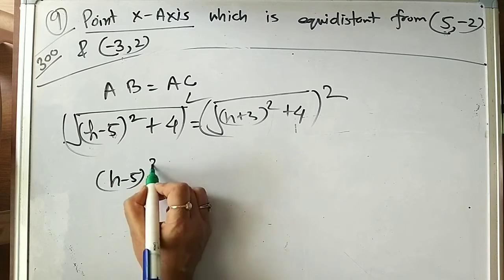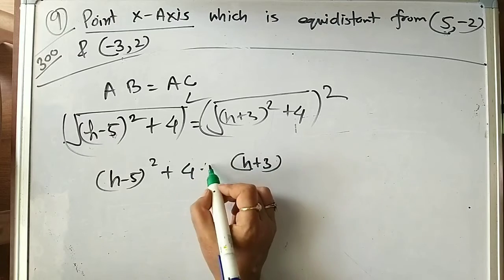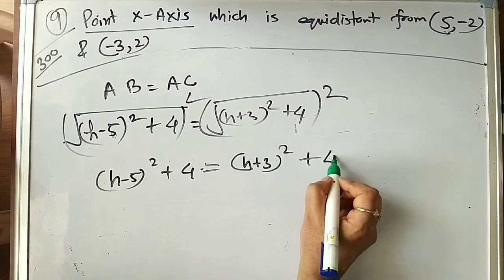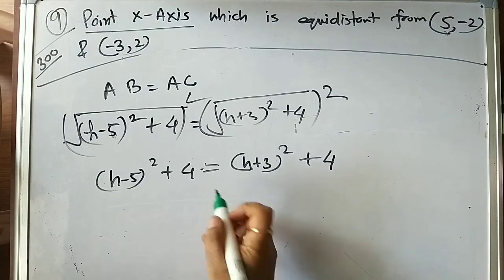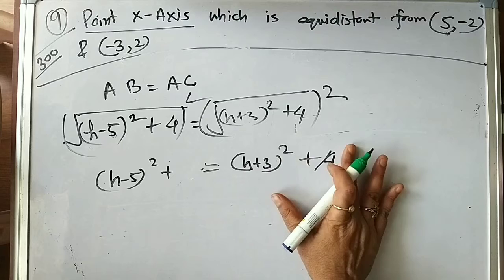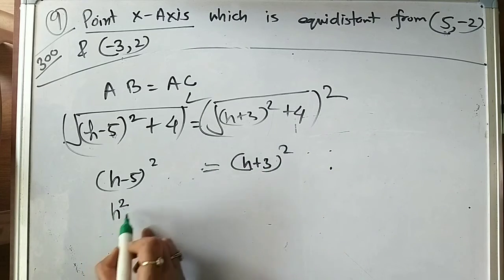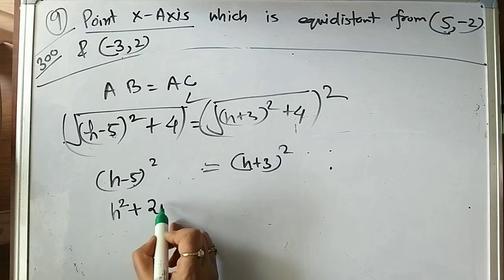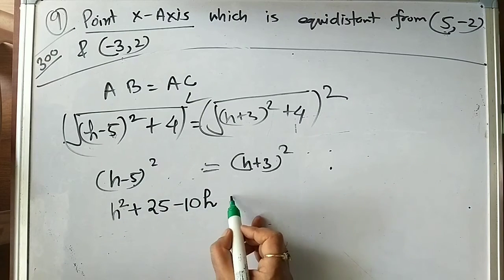So (h minus 5) square plus 4 is equal to (h plus 3) square plus 4. Then 4 and 4 are equal, they will cancel. Now let me expand the squares: h square plus 25 minus 10h is equal to h square plus 9 plus 6h.